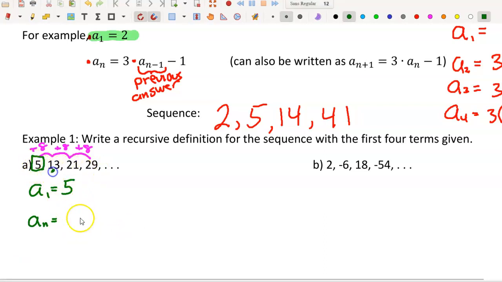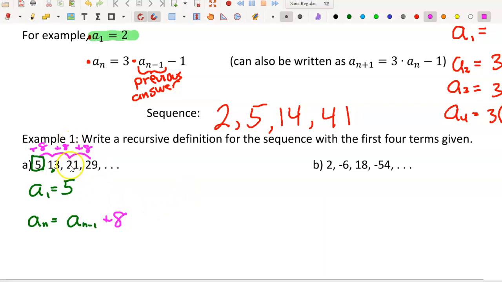If I want to find 13, I use the previous term, which we call A sub n minus 1. And how do we get from the previous term to the next term? Just add 8. And that's it.